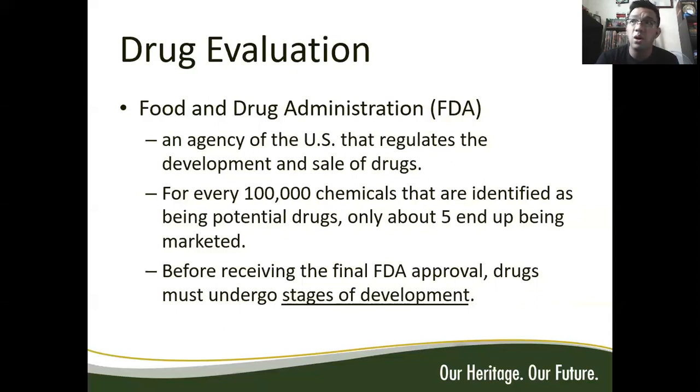That's why not all of the drugs that are being tested, being manufactured, are sold. I will explain that to you later on. And before receiving the final FDA approval, drugs must undergo several stages of development. And what are they?